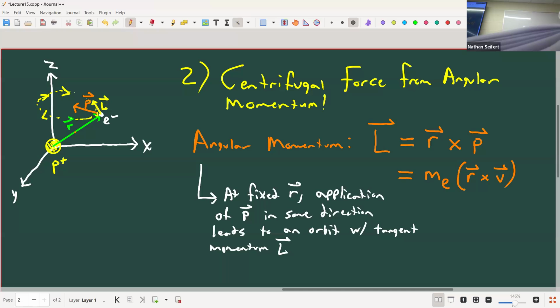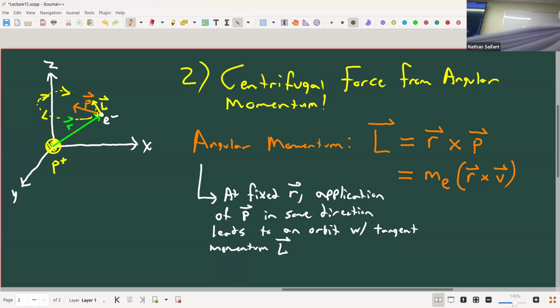So we have this force, and this thing is orbiting in this way, right? So it has some kinetic energy from orbit, and that's in some sense acting against the pull of the electrostatic force. The electron is being pulled away from the proton, but we're applying a kinetic energy to maintain a certain speed, a certain angular frequency, some orbital speed at fixed distance, right?